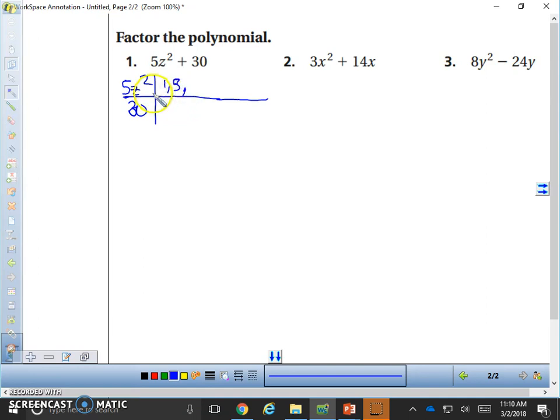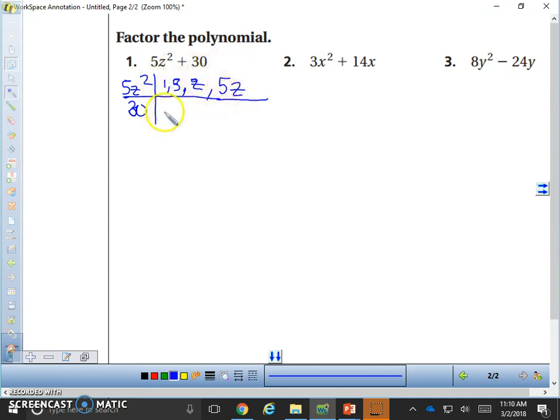Factors of z squared is z. I'm separating them. Now factors of 5z squared are 1z and 5z. So I've listed all of the possibilities, including the variable z.